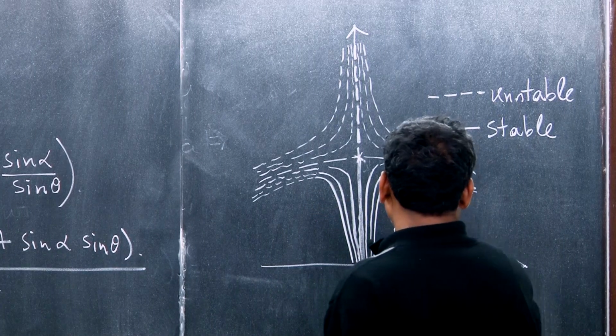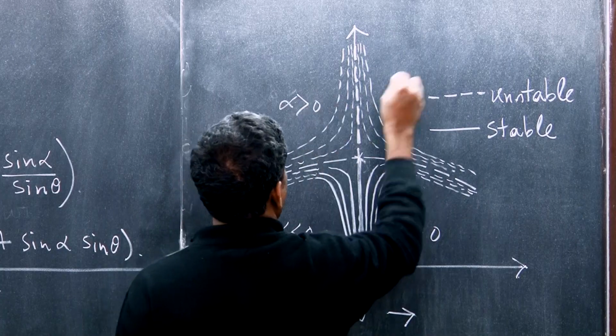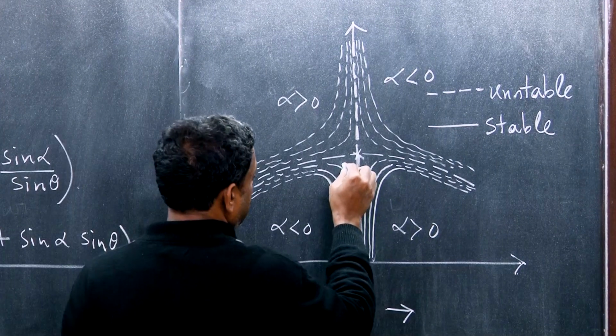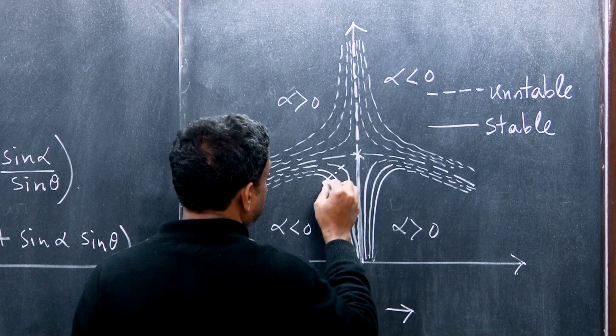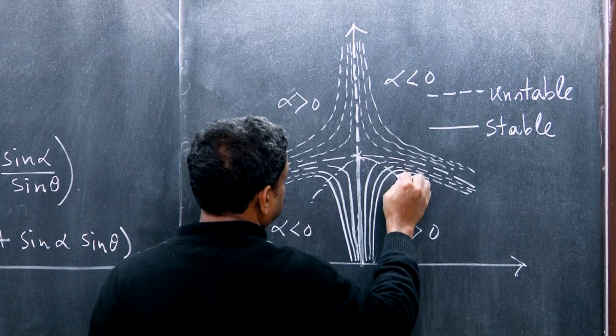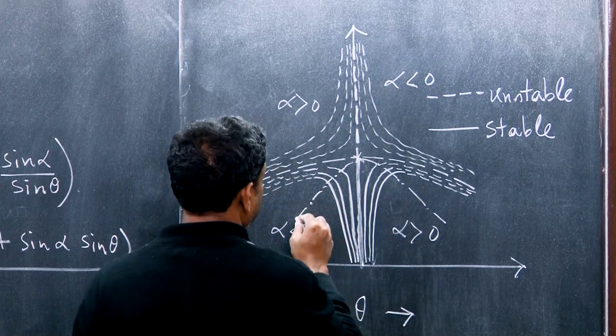So, this is alpha greater than 0, alpha less than 0, alpha greater than 0, alpha less than 0. So, you see that. Here this is the stability boundary, okay.